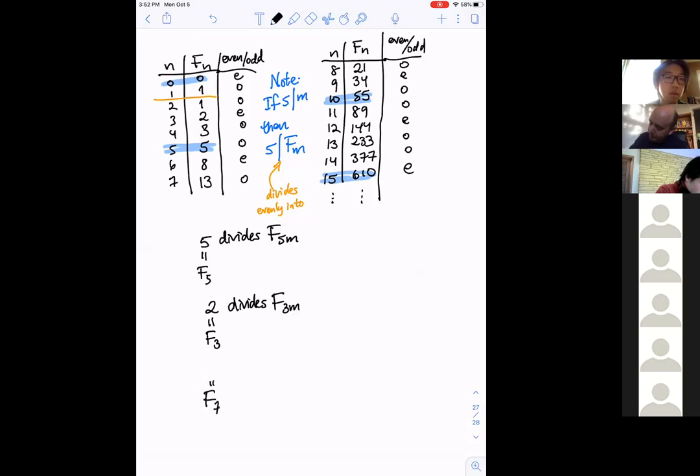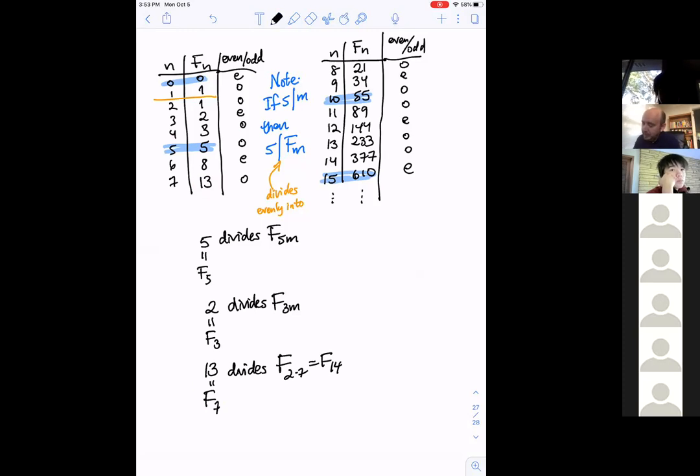F7 is 13. It's kind of a random looking number. And I'm going to ask, does it divide F2 times 7, in other words, F14? I don't know. Is this F14? I've got F14 on my table here. It's 377. And my gosh, it's true. It's 13 times 29.